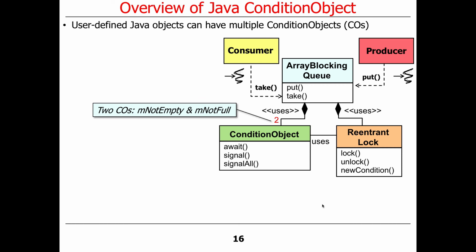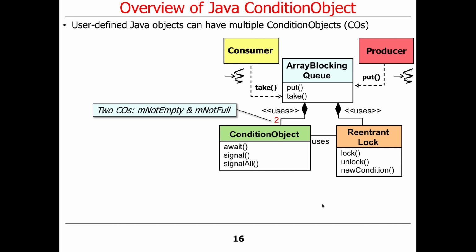A user-defined Java object, in other words, something you implement as a user, can have multiple condition objects, or COs. So, for example, our ArrayBlockingQueue implementation has two condition objects, not empty and not full. And we'll talk a little bit later about why we have two of them. The long and the short of it is that we have two of them in order to be able to have distinct wait sets for different conditions, waiting for the queue to be empty on one hand and waiting for the queue to be full on the other.